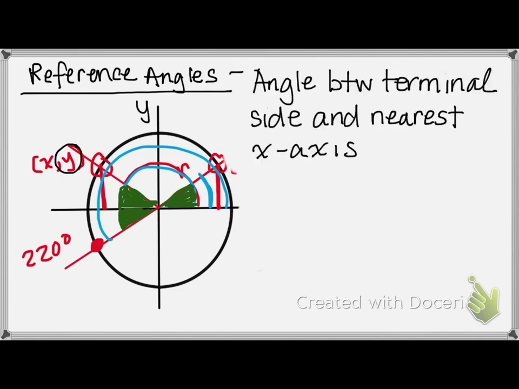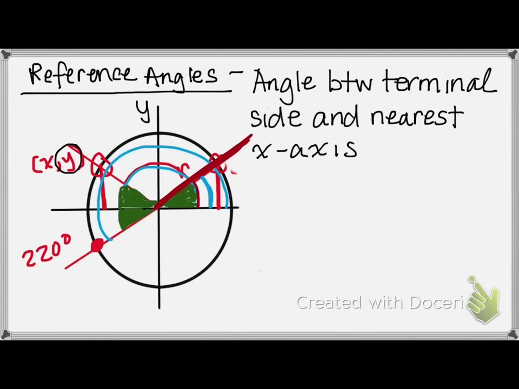The reference angle is the angle between the terminal side, and let's try and really be explicit about marking that off. The terminal side here is a terminal side, and the nearest x-axis.